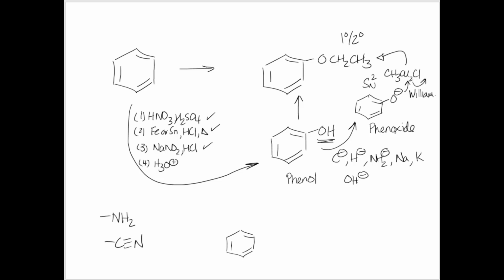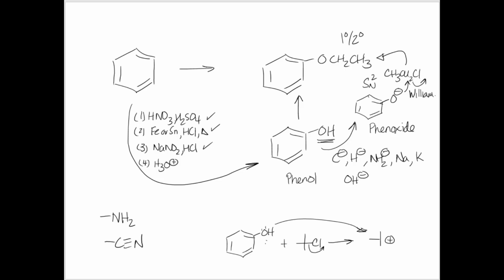If you wanted to put a tertiary group, then I would simply use tertiary butyl chloride and have it react with the phenol, because the carbon-chlorine bond would break. You would end up with the carbocation, and then the phenol would simply add to that to make the ether in a standard way.